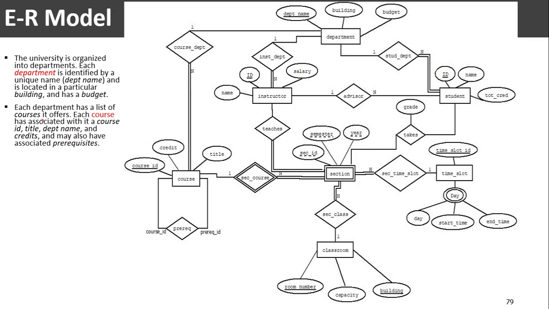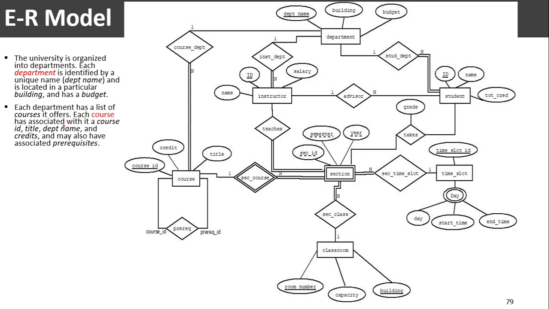So the first information that we can infer is course is the entity set. So we have made here course as the entity set with the unique identity, that is course ID. So course ID is the unique identifier of the course, so it is made as primary key with two more attributes, credit and title.